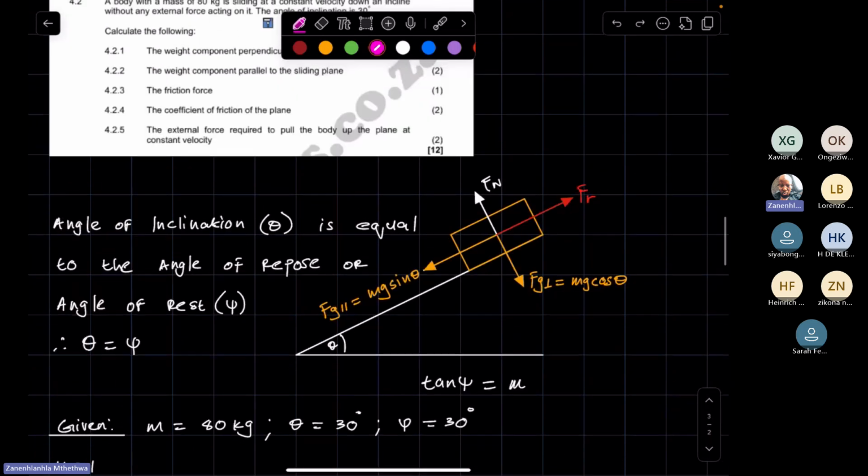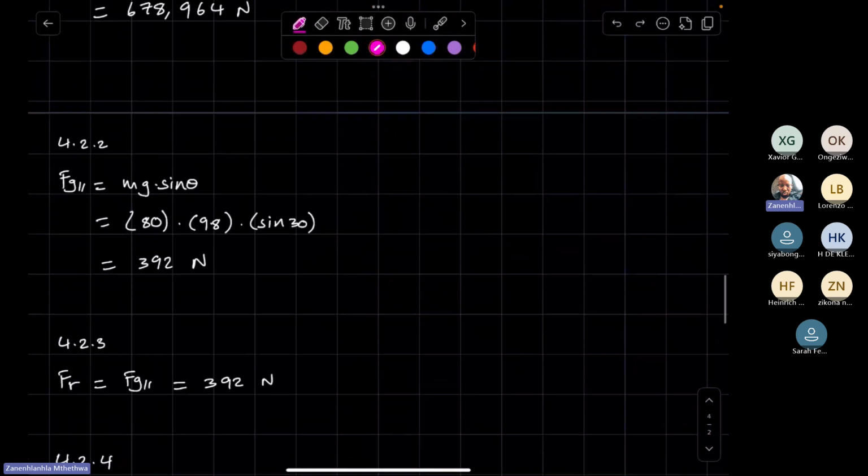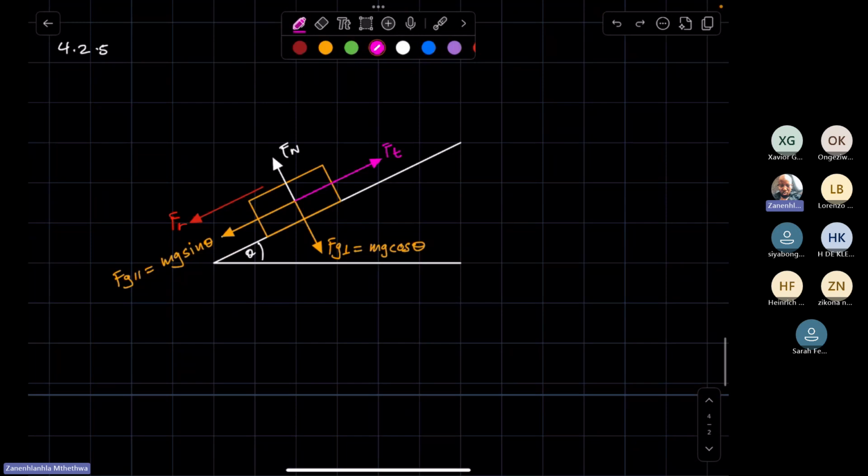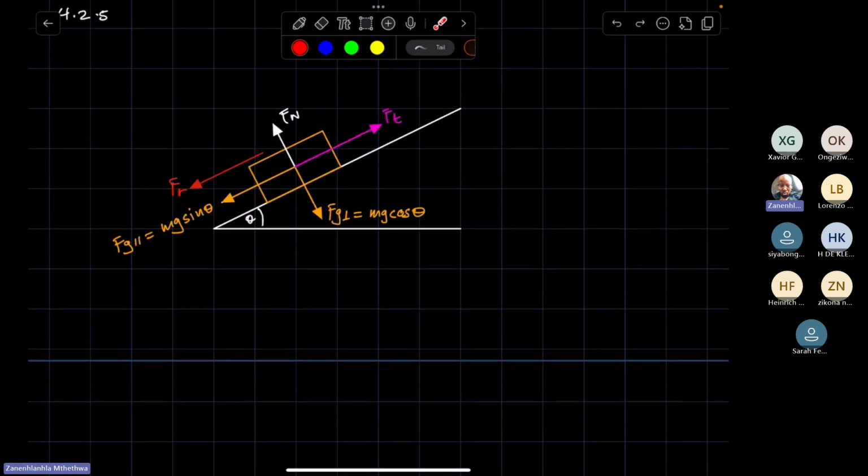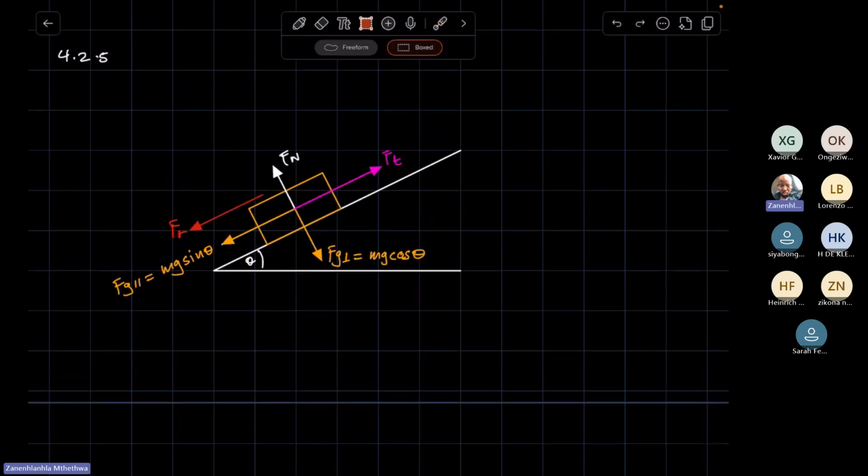Right. That is all we have. So now we need to calculate this pulling force FT that is enough to pull the object up the incline at constant velocity. So how do you think we are going to calculate this force FT?